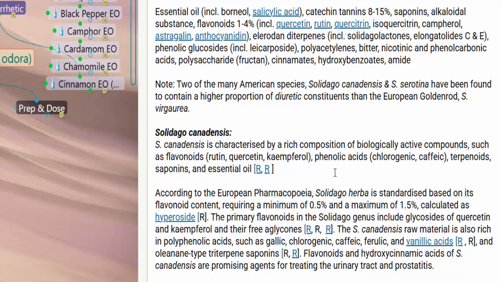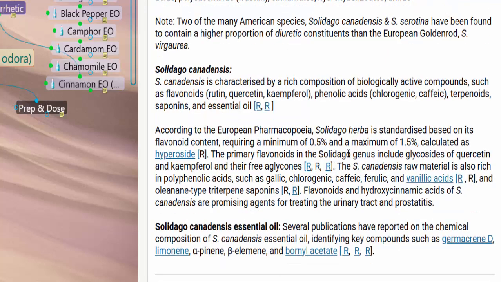Now remember, the constituents in a plant are going to vary, not only among the species, but where they're growing, the time of year that they are harvested, and so on. We see that the raw material is also rich in polyphenolic acids. I'm going to encourage you, if you really want to understand this plant, to dig into the constituents.